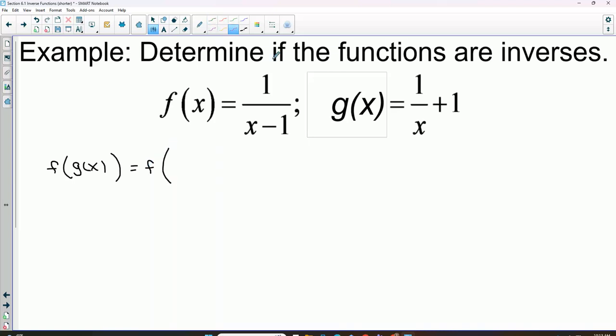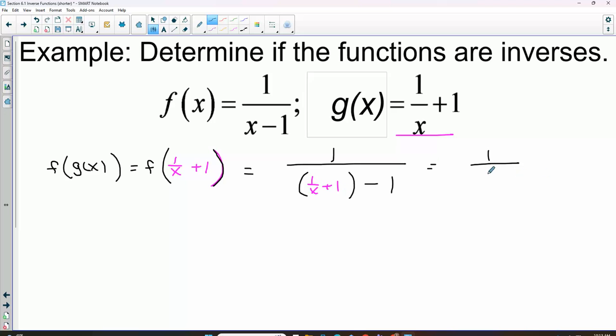So that means we are going to start with g on the inside. And I'm going to go to function f, and I'm replacing my x with that thing I plugged in. Right, when you do this, now we can start simplifying.